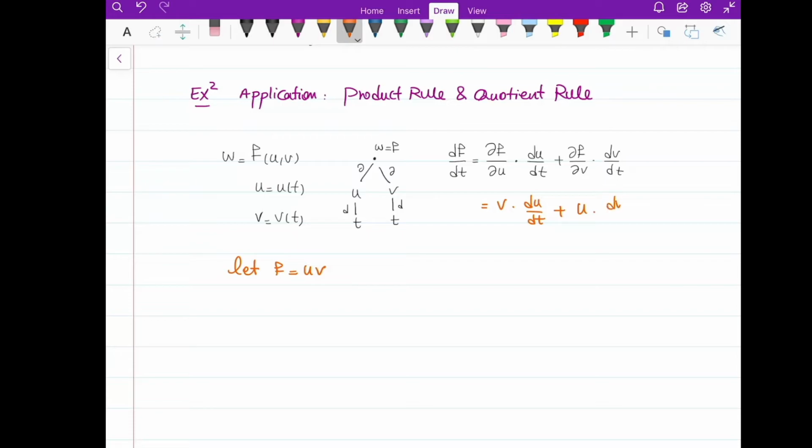As you see, this is the product rule. The derivative of uv is the derivative of the first one times the second one, plus the derivative of the second one times the first one. That's the product rule.